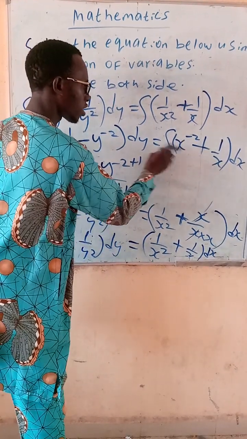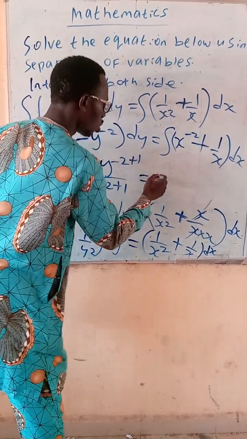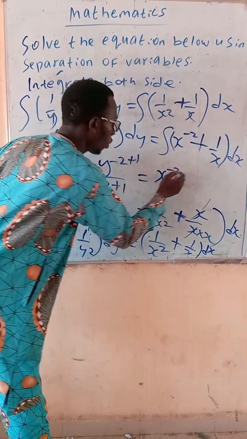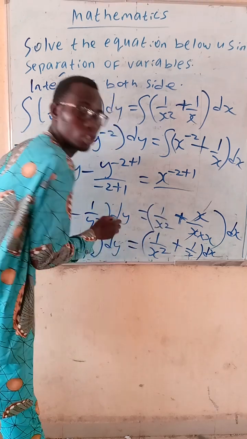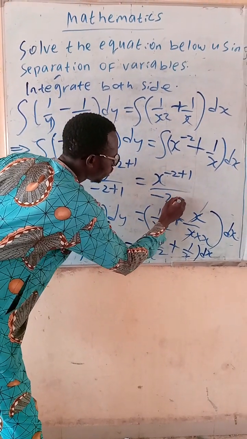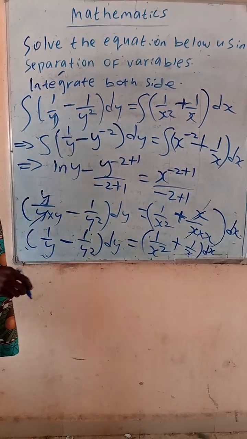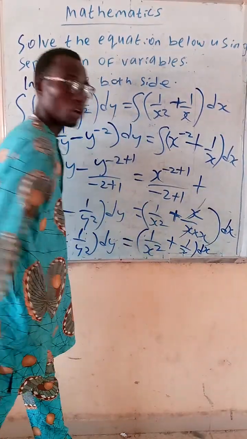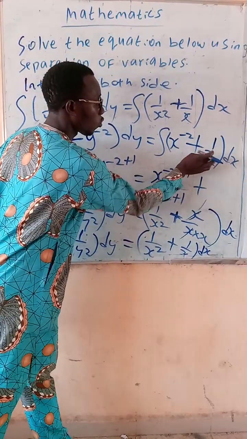So equals to the integration, let's integrate x raised to power minus 2. How can we do that? We're going to have x raised to power minus 2 plus 1, and we're going to divide by minus 2 plus 1. Have you seen that now? So we bring down our addition sign. Now we're going to integrate 1 over x.